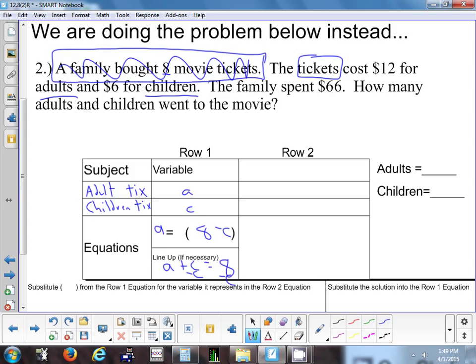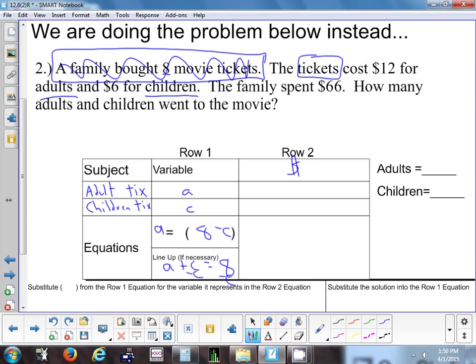We did it. Now we're getting into like the amount or the cost. So in this case, are we dealing with an amount or a cost? Cost, right? So at the top of my row 2, I'm just going to put a little money symbol. This box right here, the adult tickets.